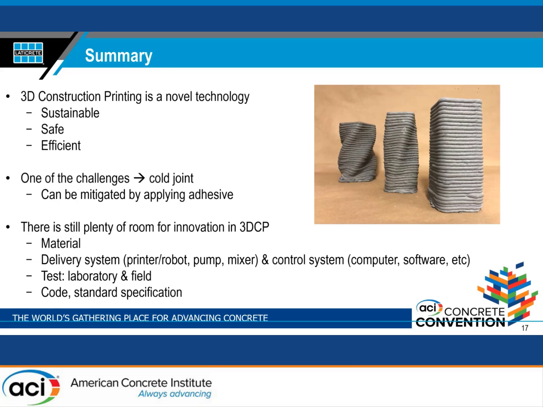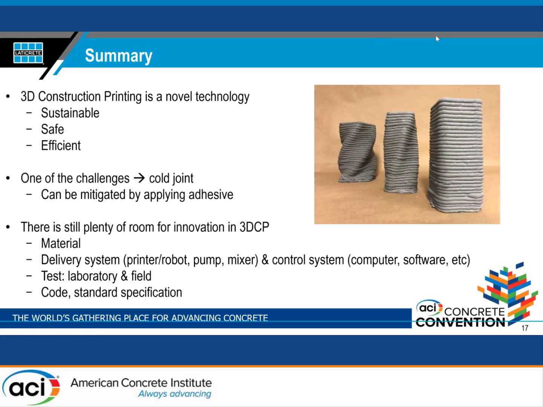So by having, let's say, a zigzag surface, which will increase the surface area, obviously it has the potential to be better than printing only a flat area. So there is still plenty of room for innovation in this 3D construction printing area.